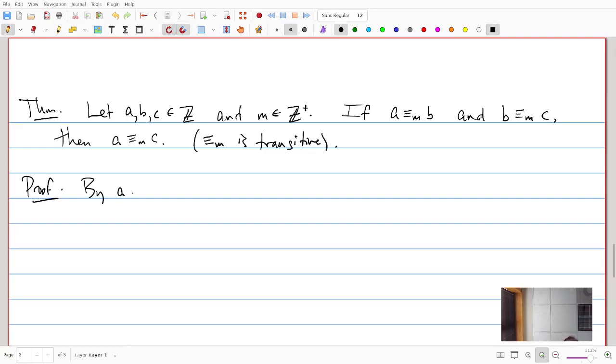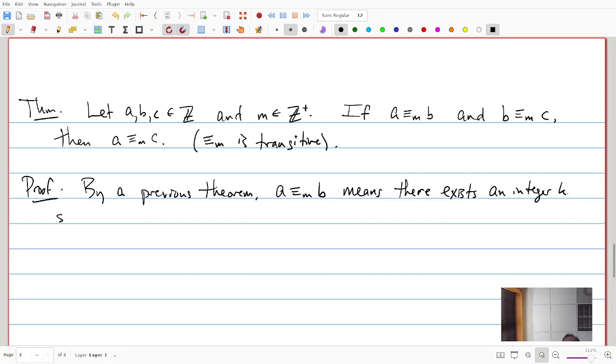So by a previous theorem, A is equivalent modulo m to B means there exists an integer k, or actually I'm going to call it j, such that A equals B plus j times m.